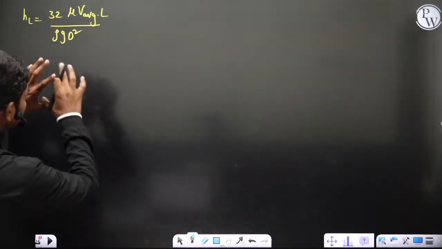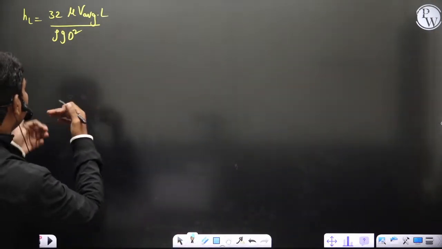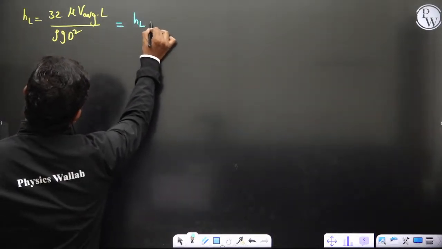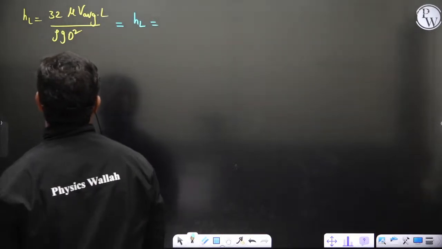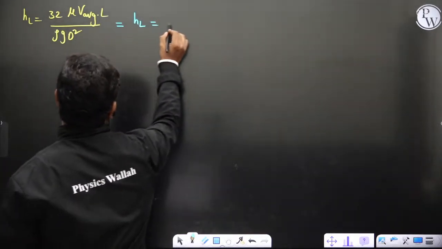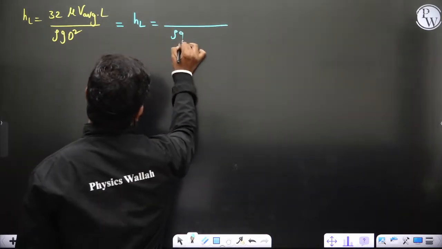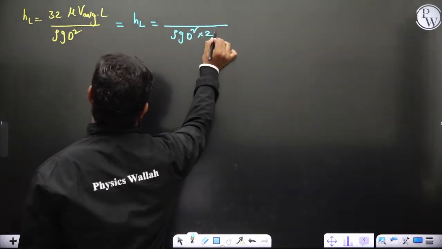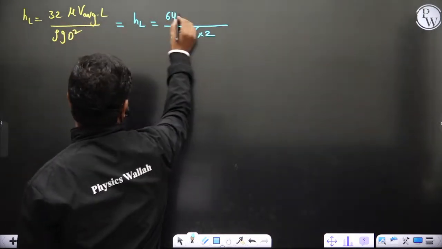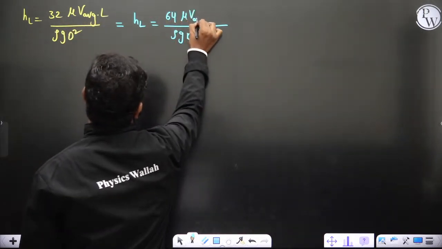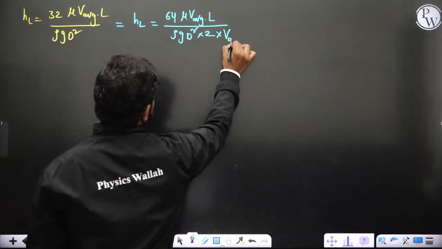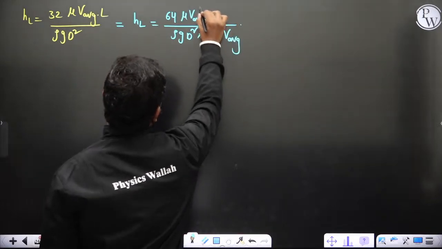But right now, if you try to formulate this, you can understand H is equal to, if you multiply it by 2, so rho g d square into 2, this converts the 32 to 64 mu V average into L. So we'll do one thing, we'll multiply by a V average and also a square here.